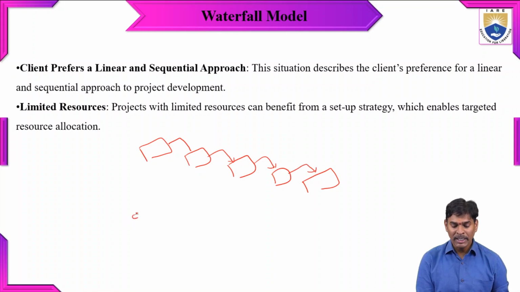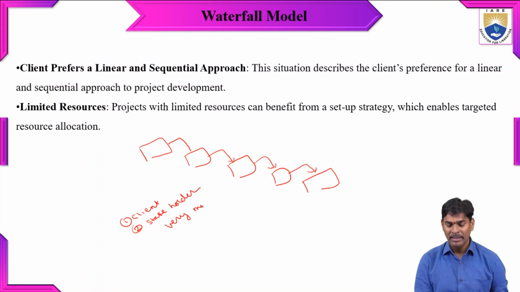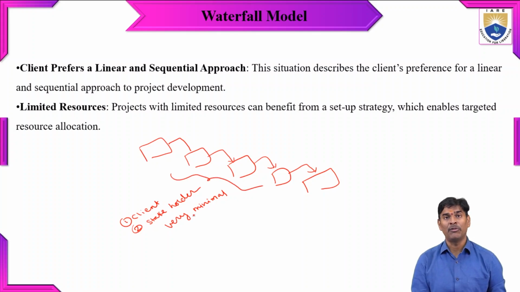The involvement of the client and the stakeholders during these stages in a waterfall model is very minimal. Why? Because during these stages, the client and stakeholders will not be involved. They are going to be involved in the early stage only. In the early stages, they discuss the problem statement and what inputs they want to give to the project management.